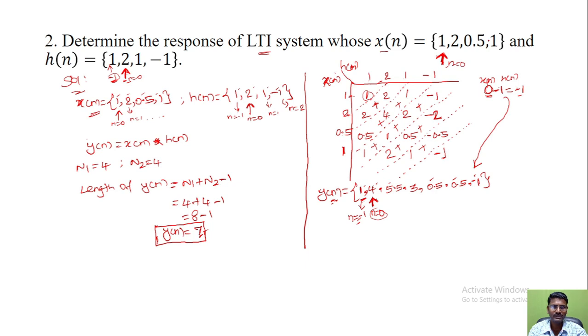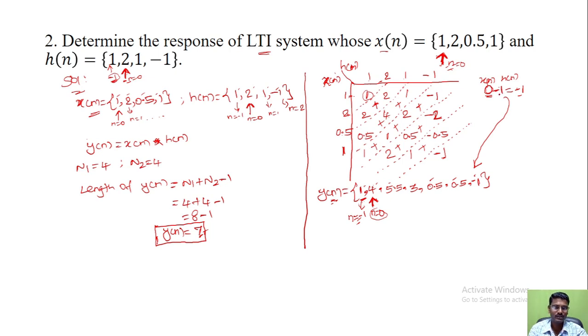If no arrow mark is mentioned in x of n or h of n, then I can directly put the arrow mark on the first sample to represent that it is my 0th sample. But from the given question, the arrow mark for x of n is at the 0th sample, and for h of n it is at n is equal to 0, with one more sample before it, that is minus 1.